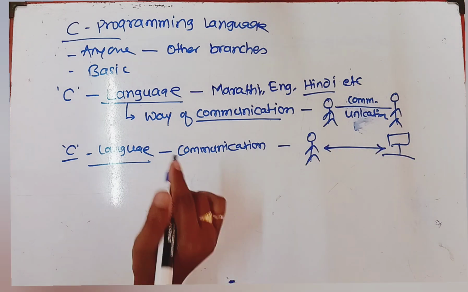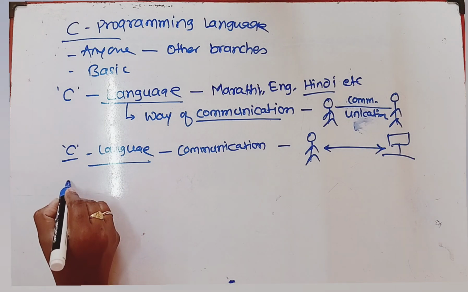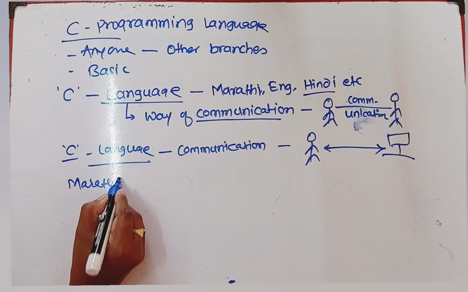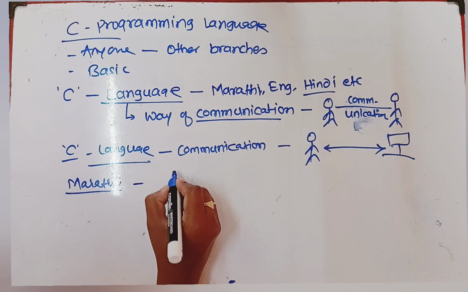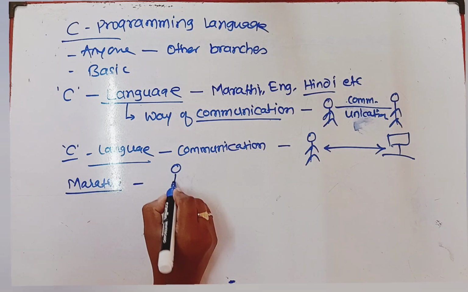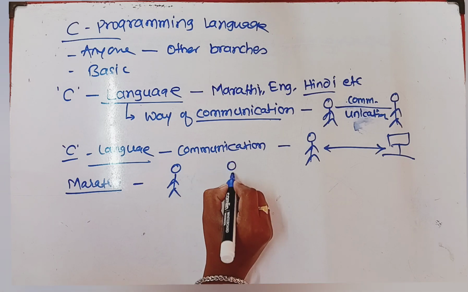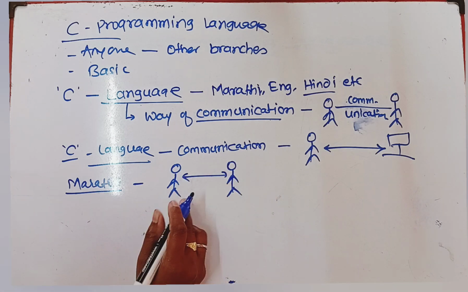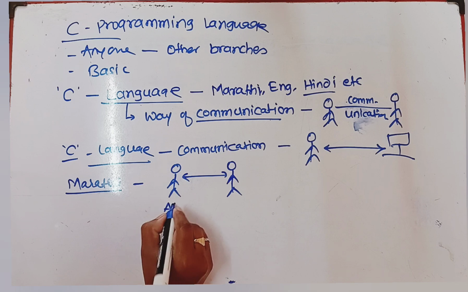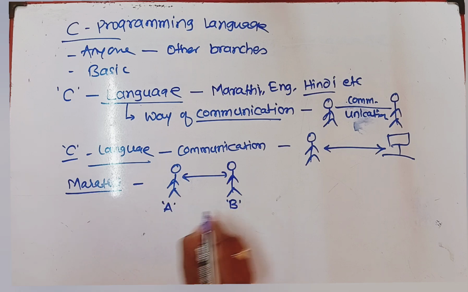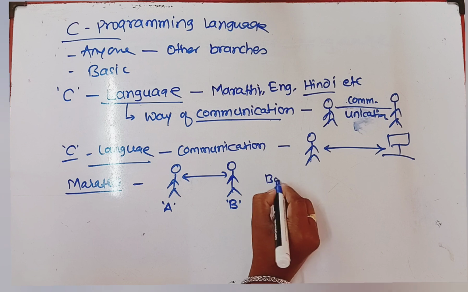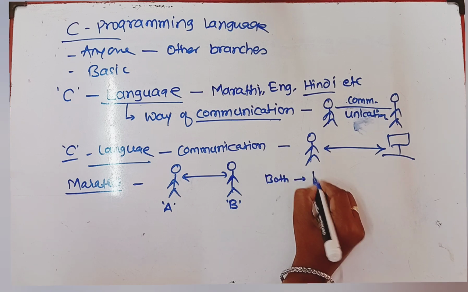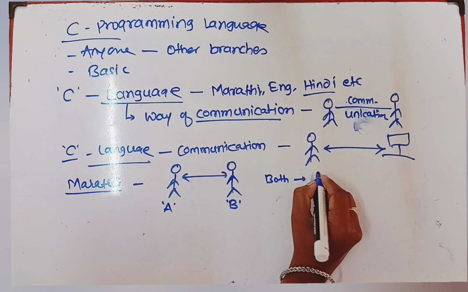Now, let us take an example of Marathi. This is a language, right? It is used for communication between two people. Let's say person A wants to communicate with person B. Both can communicate if they are aware of a common language.